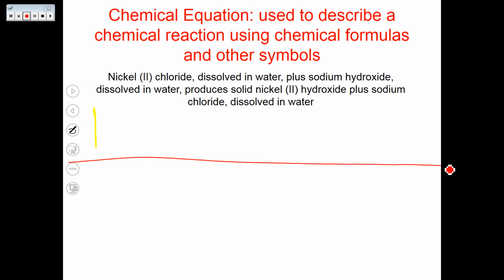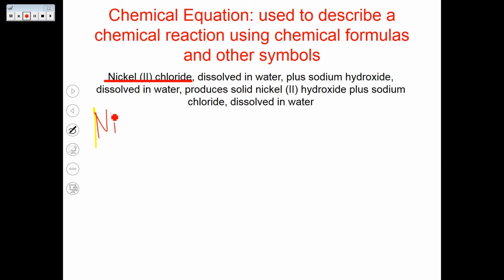The first thing we see is nickel(II) chloride. Now that you know how to write the formula for nickel(II) chloride, that's what we have to do. So nickel(II) chloride is Ni 2+ and Cl. The oxidation number of chlorine is -1. If you don't know where that came from, go back and study the ionic chemical formula notes.